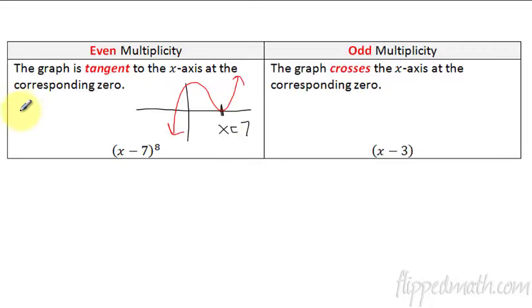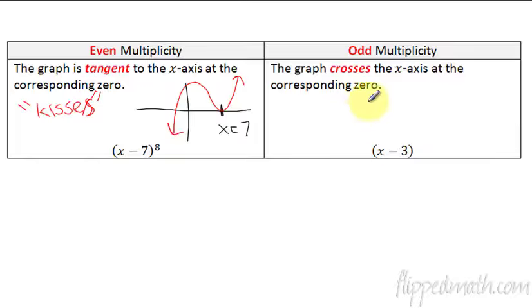Or another way of saying that is that it kisses the axis. Okay, so kissing or tangent, that's the same type of thing. So it is not going to cross it. It's going to stay on the same side, either the positive side or the negative side. That's what the tangent does for our zero.